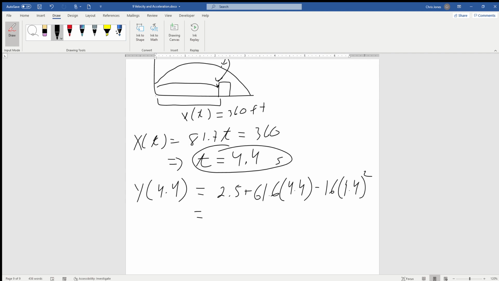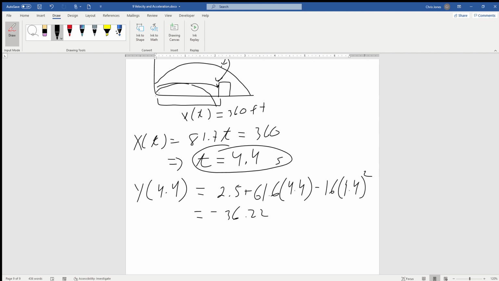So 2.5 plus 61.6 times 4.4 minus 16 times 4.4 squared. And we get a value of negative 36.22. And so what that means is the path that it took actually looks like this.